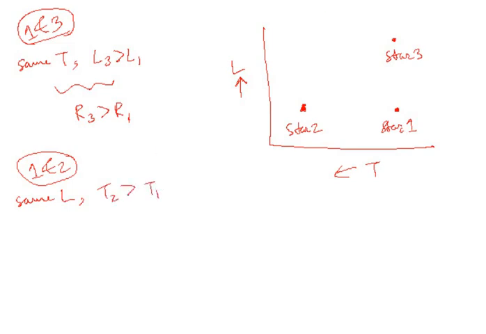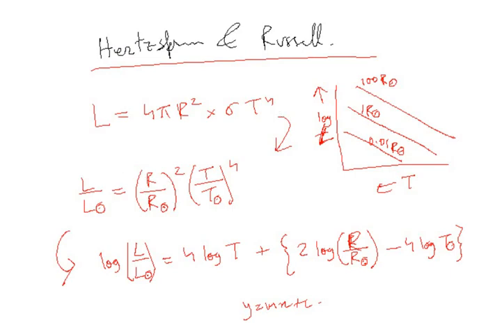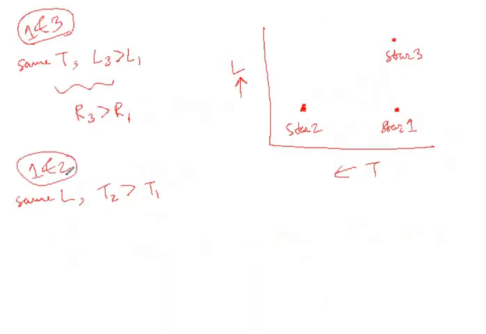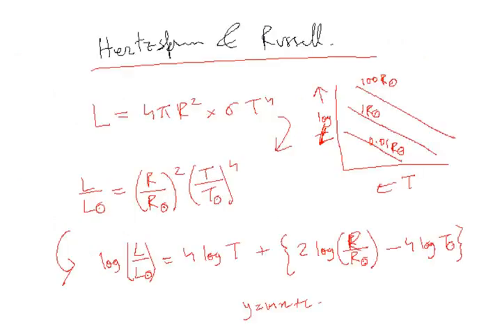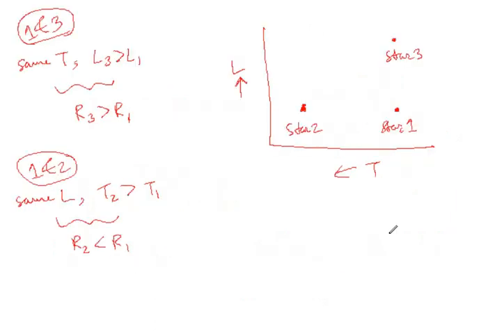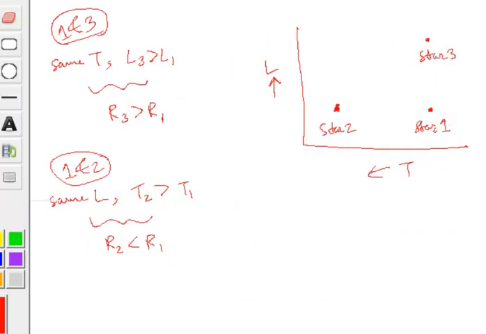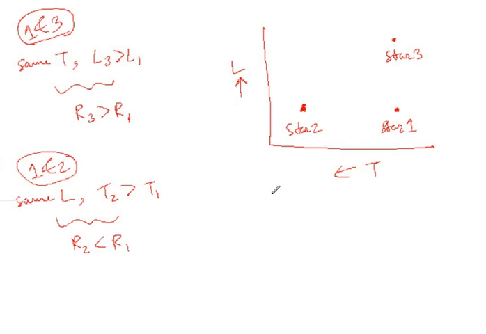Again, let me now go back to this relationship over here. From there, what can we say? Since L is the same, we can immediately get the idea that R2 is less than R1. So, you see, the defining point is this relationship. Everything is possible using this black body approximation. Very simple thing.